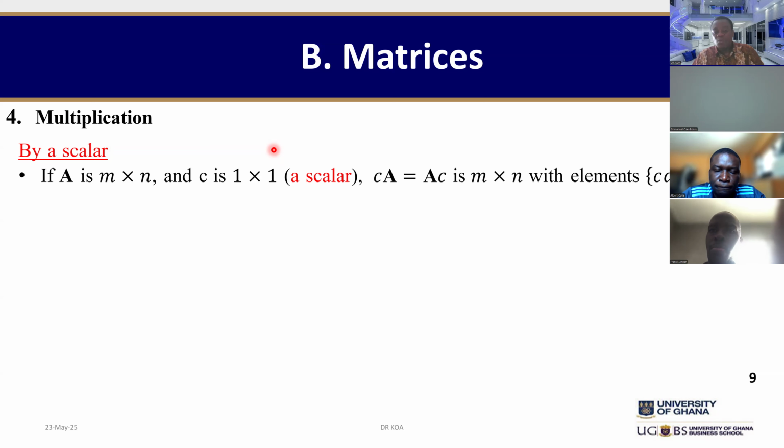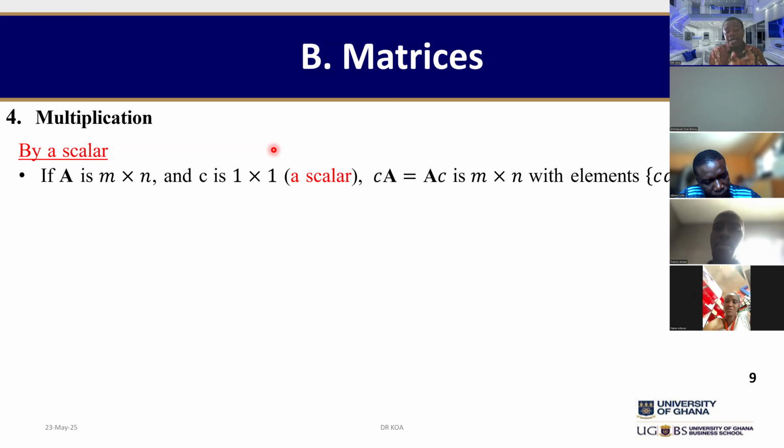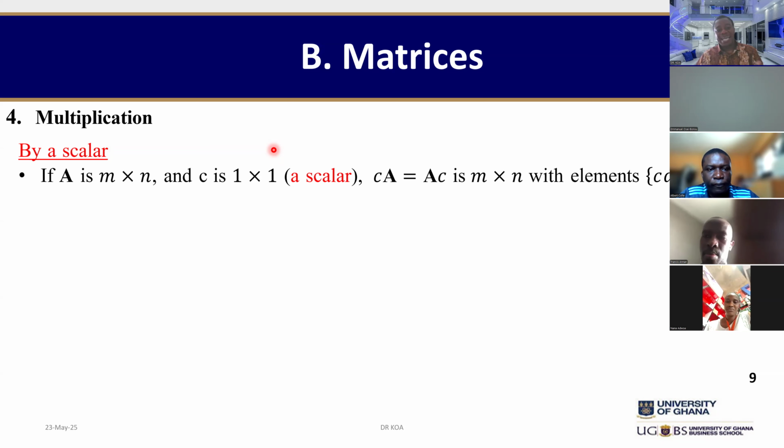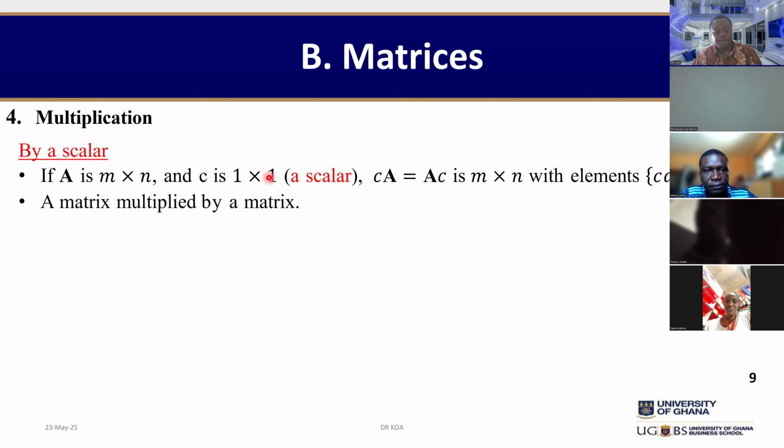And that CA will be the same as AC. And that AC will take the properties of the matrix. And the C, which is a scalar, will be multiplying each element of the matrix A in that set.